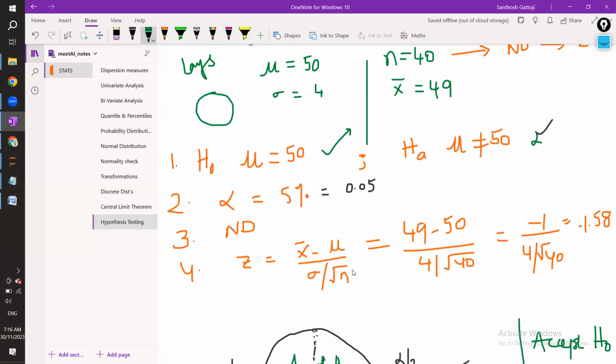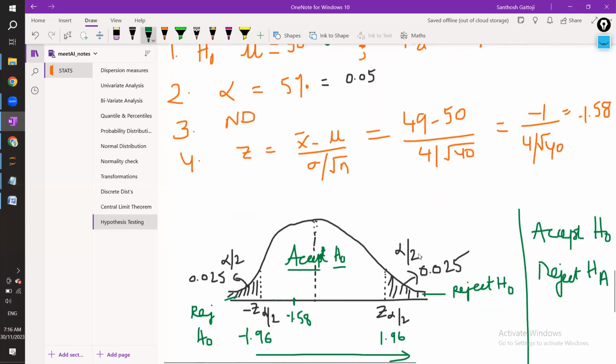If this value decreases, this overall value will increase. So if that is increasing, what happens? The Z value will increase. So Z is increasing means you will have lesser and lesser rejection region.